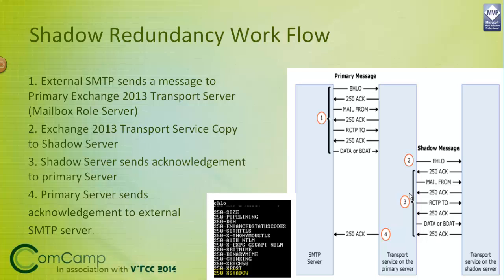So now we can see the workflow of the shadow redundancy. The first thing is the external email sends a message to primary 2013 transport server. In this case, we are talking about the mailbox role server, because shadow redundancy and safety net work on the mailbox server on the transport service.